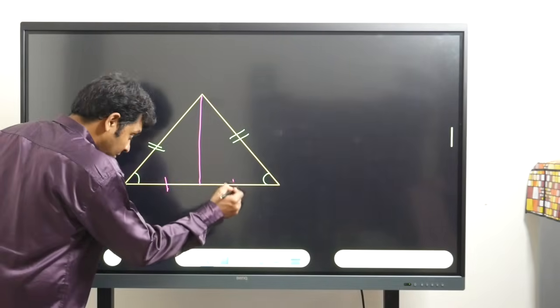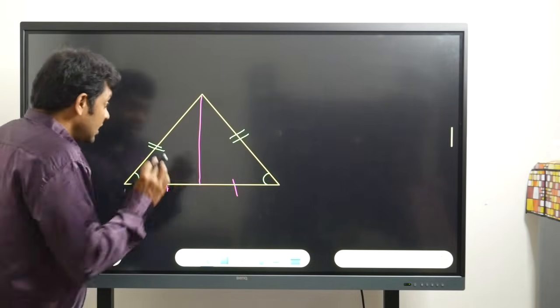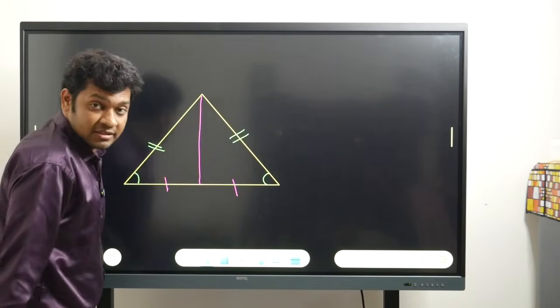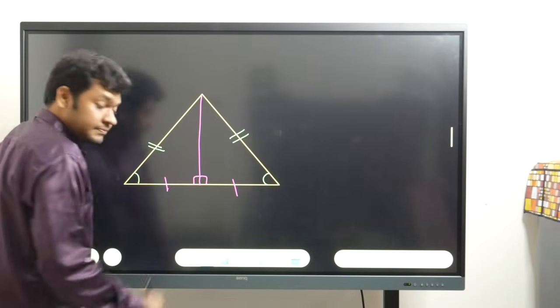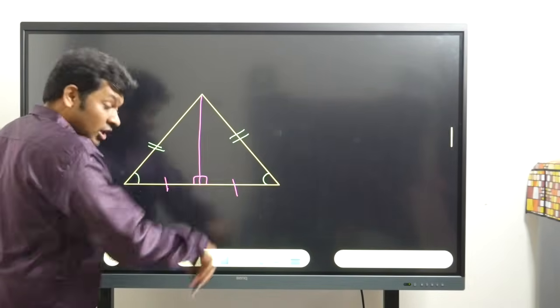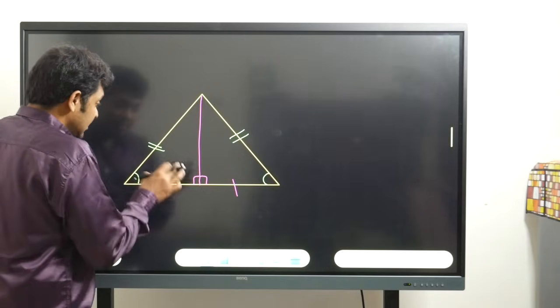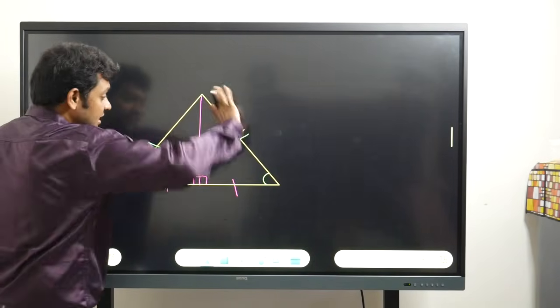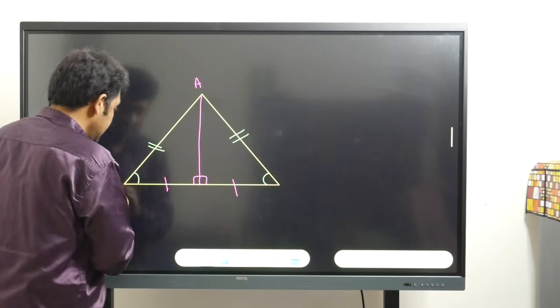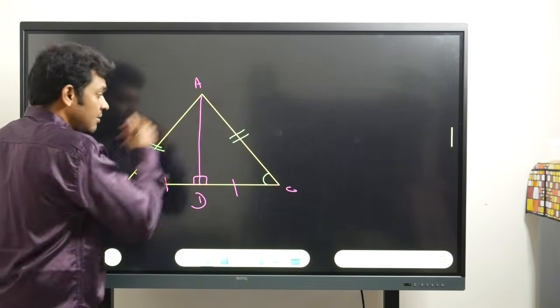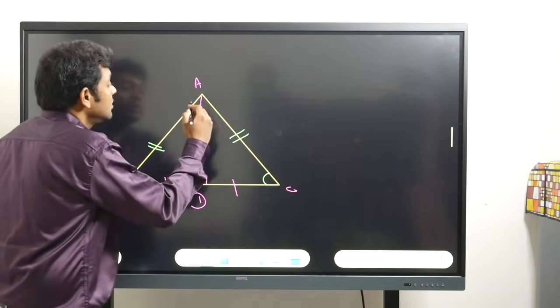If this is my median dropped to the base, the unequal side, it will be perpendicular, and it is already bisecting. Since it's isosceles, by side angle side, these two triangles, ABD and ACD, are congruent. Therefore these two angles are equal.